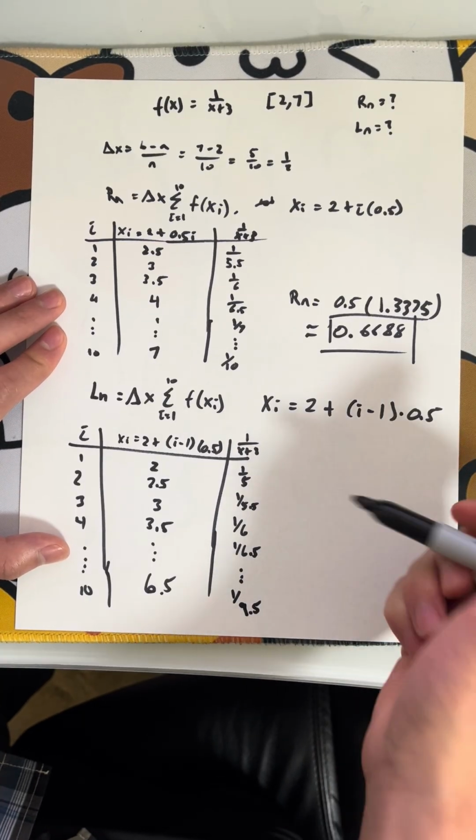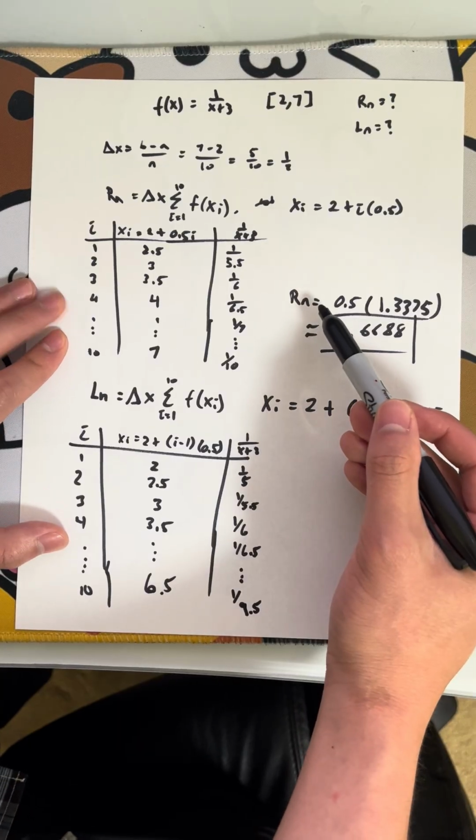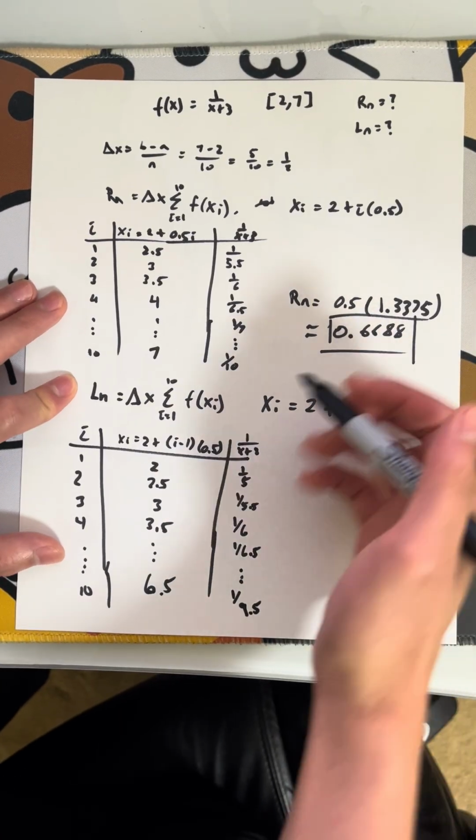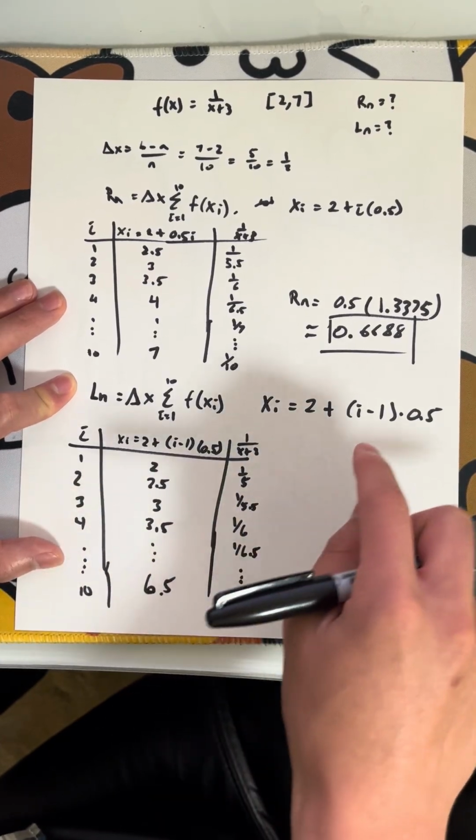We want to do the same thing we did for the right endpoint approximation. Since we have our values, we just add all the sums up.